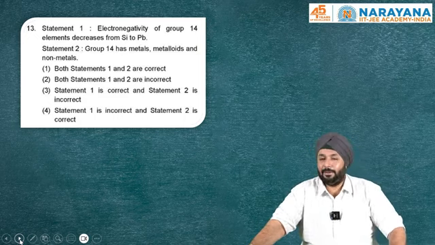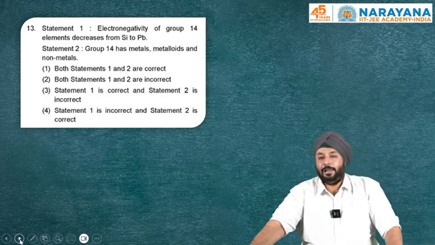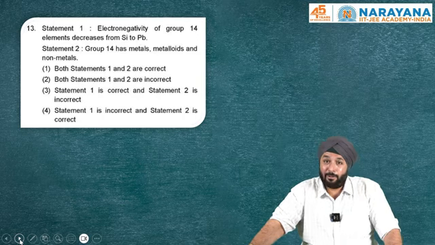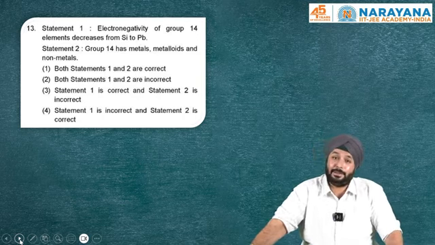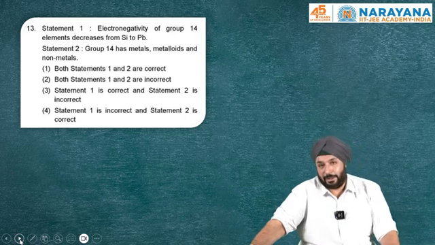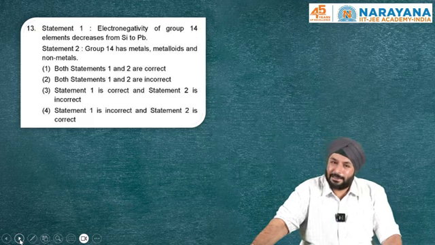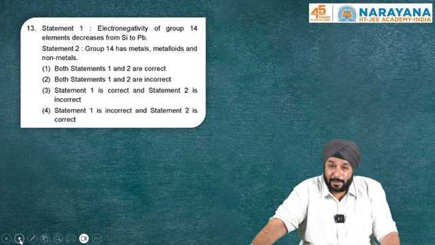Yeah, with some logical understanding, like from tin to lead, the electronegativity increases because of poor shielding done by the d and f orbital electrons. F orbital electrons play a vital role over there, because the screening or shielding effect of f orbitals is very less, right? Because of that, lead will have more electronegativity as compared to tin.